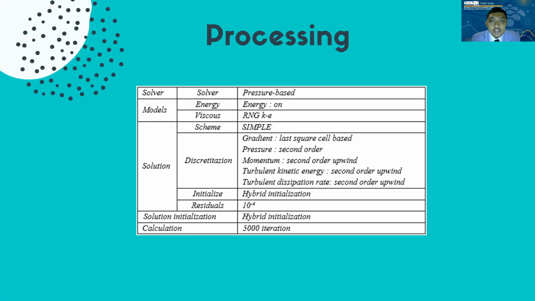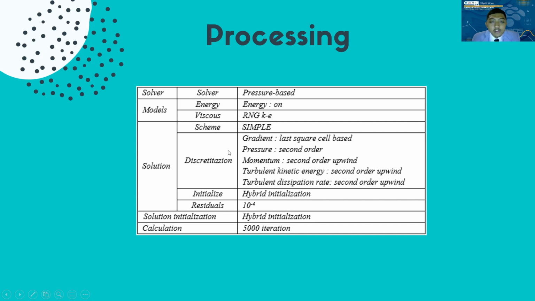And this is processing stage. And this is the table of the data setup. I choose pressure base for solver, and then activate the energy. And the viscous model I choose is RNG k-epsilon, because in the references, solar air heater simulations mostly use RNG k-epsilon, and the SIMPLE scheme.